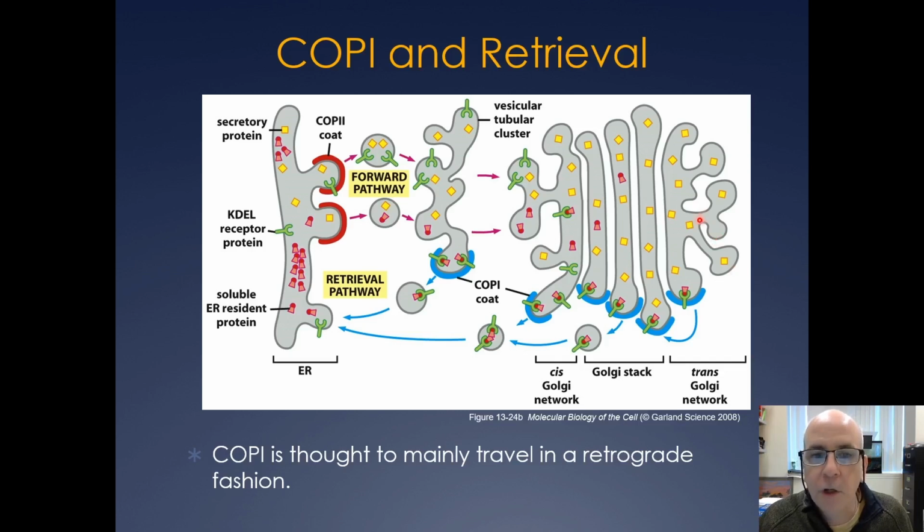So here's more of a global overview of that. You have here these square yellow boxes as secretory proteins and the ER residents, as well as the KDEL receptor, and the KDEL receptor wants to reside on the Golgi in the cis-Golgi network, as well as the vesicular tubular cluster.